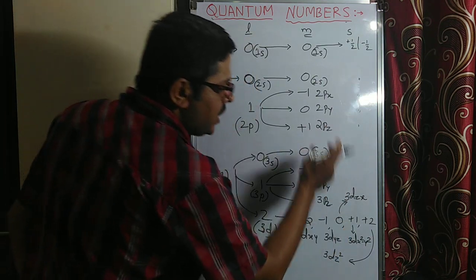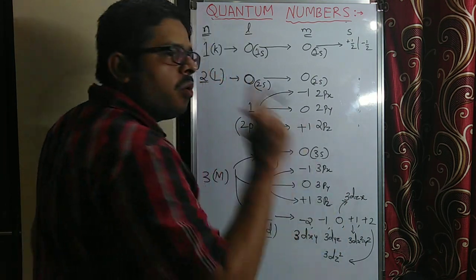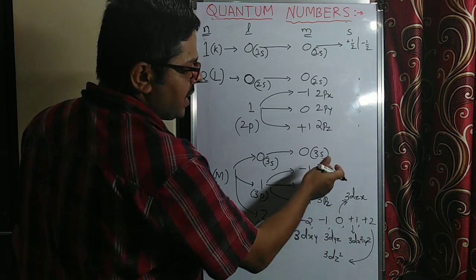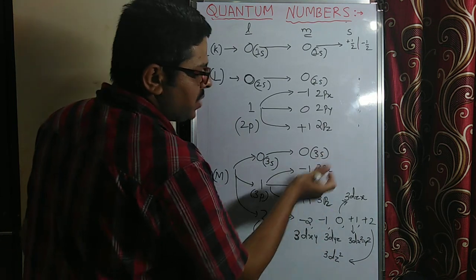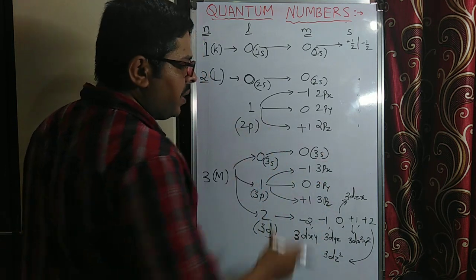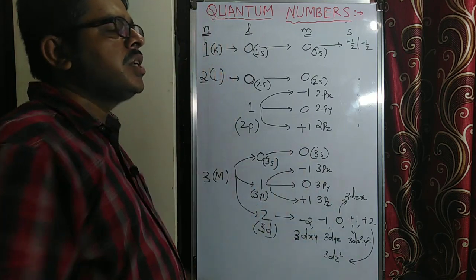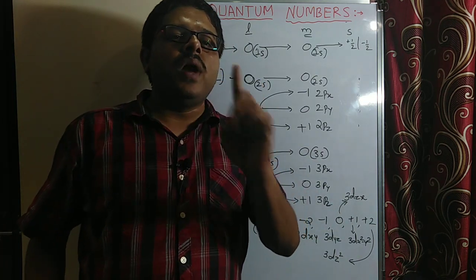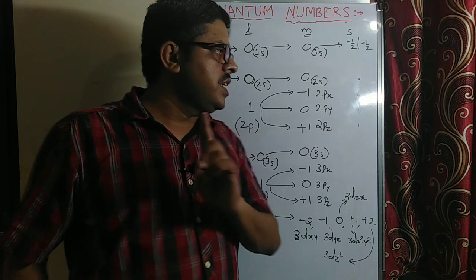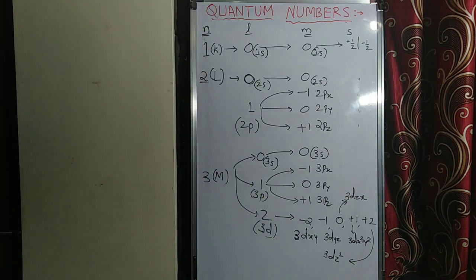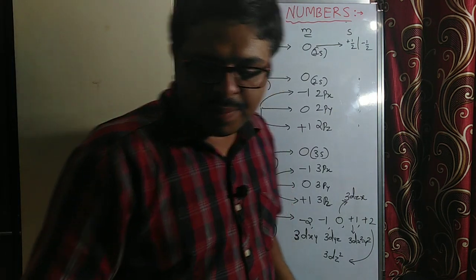Whatever the value, each orbital should have one value each. So 3px may be 0, plus 1 or minus 1, but there should be one value for each orbital. So this is a brief explanation of quantum numbers. I hope you understood this part.